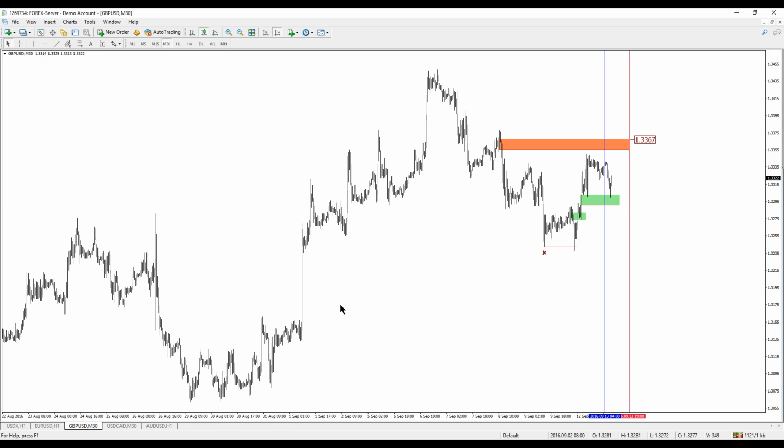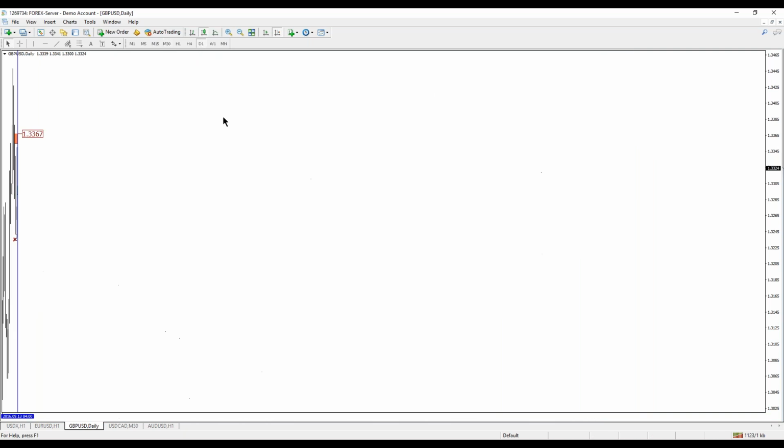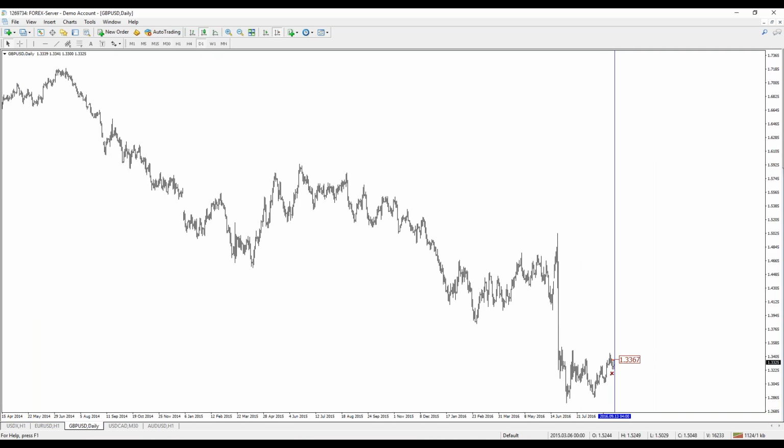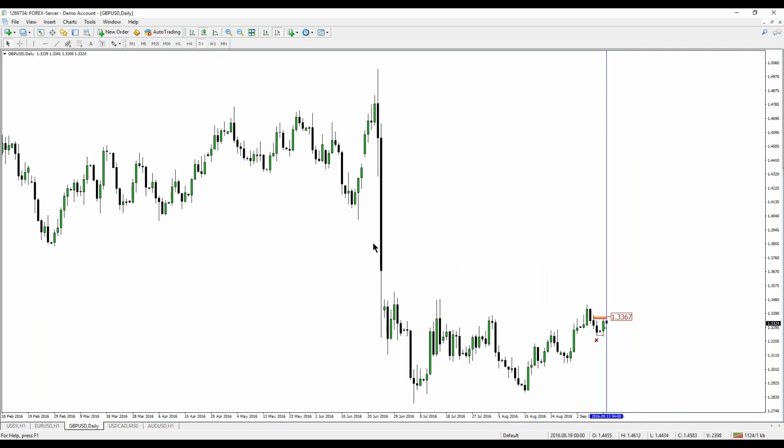The reason why is I think that cable on a higher time frame daily, I think they're going to want to close in that fair value gap. Let's take a look at that real quick so you can see what I'm talking about for completeness sake. We have this exposed range in here between the close of the candle and this high.